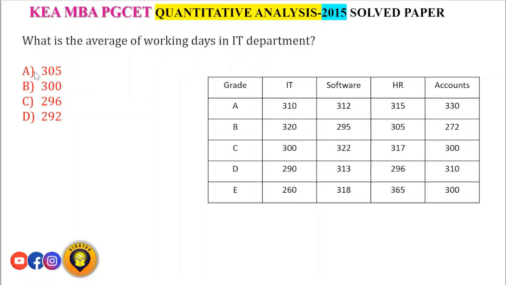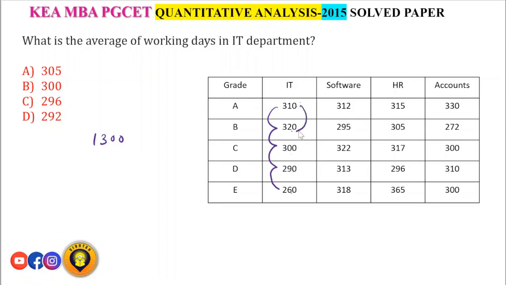What is the average of working days in IT department? Average of working days, that is 310 plus 320 plus 300 plus 290 plus 260 divided by 5. 300 plus 300 is 600, plus 300 is 900, plus 200 is 1100, plus 200 is 1300.